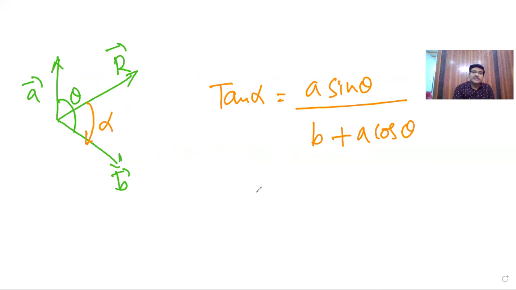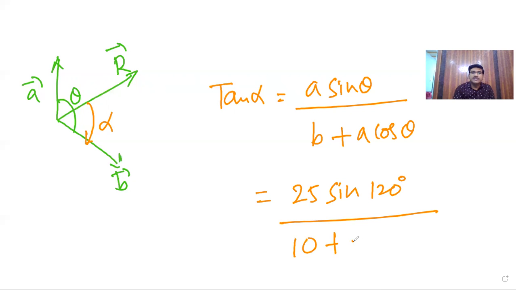Now, what is the direction, magnitude of A? This is 25. Sine 120 divided by, this is B, 10 plus 25, A is 25, cos 120. Now on simplification, sine 120 is sin 90 plus 30, cos 30.